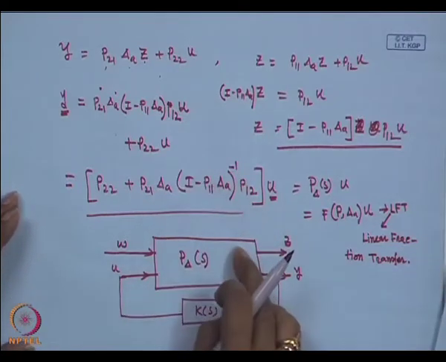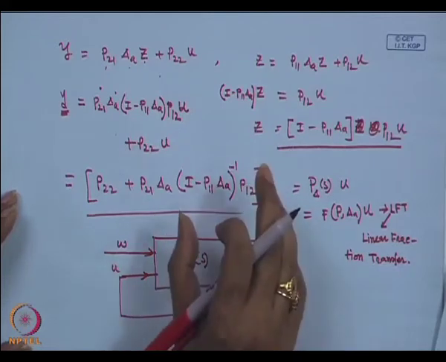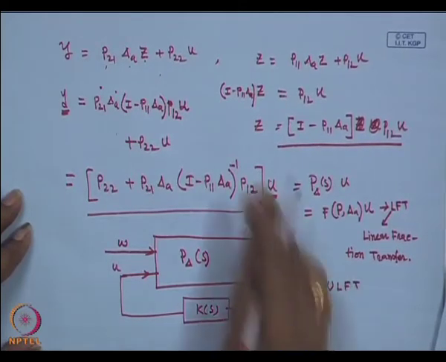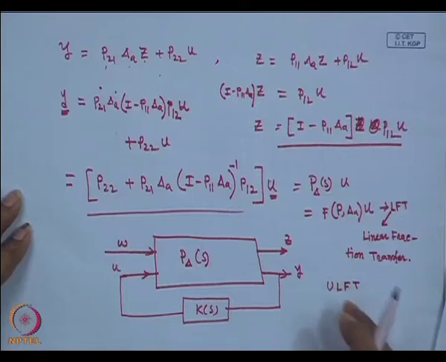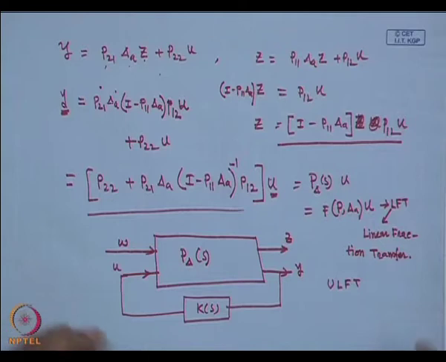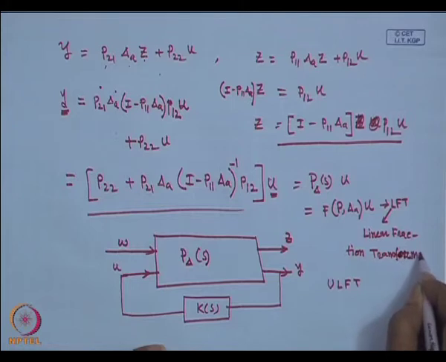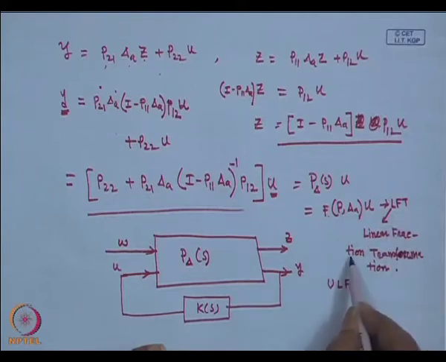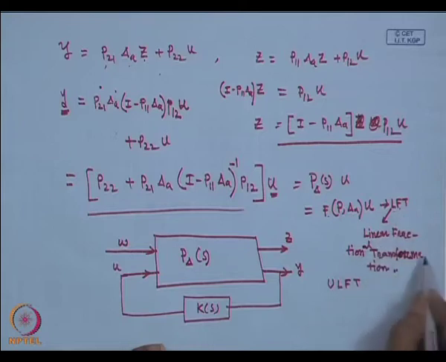Since the upper block is merged to this 4 block, it is called ULFT, upper linear fractional transformation.